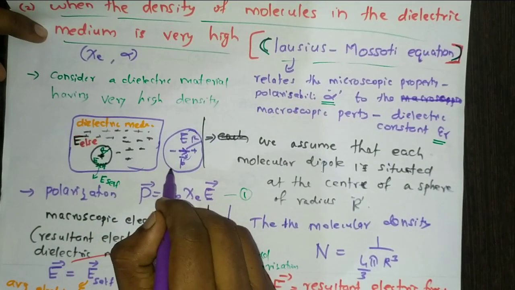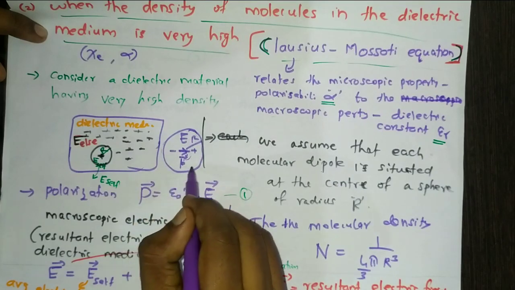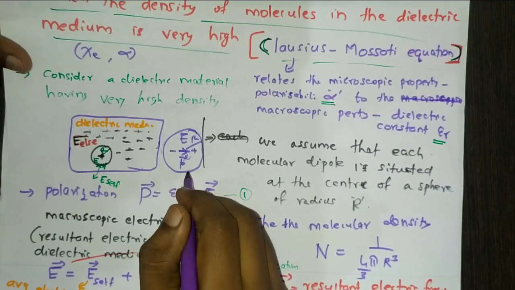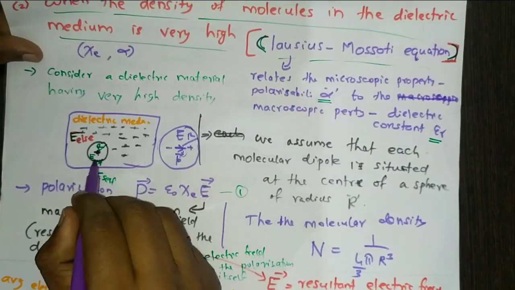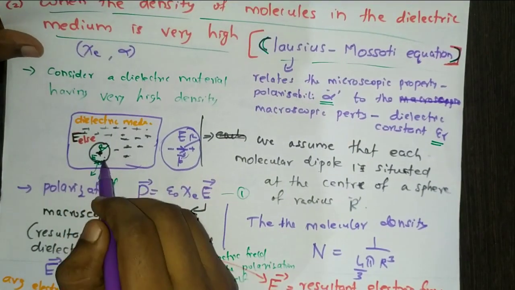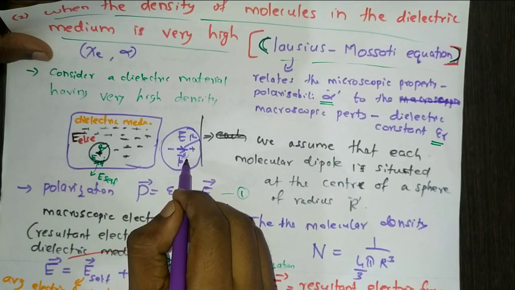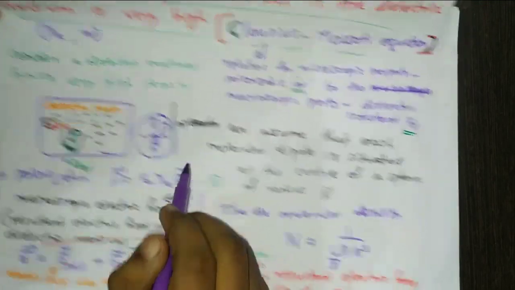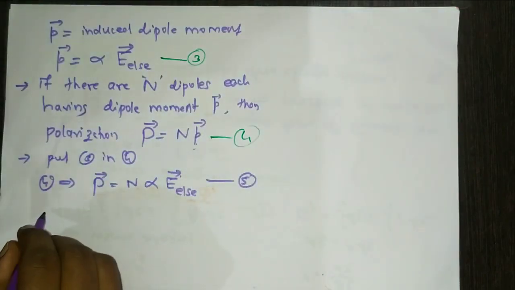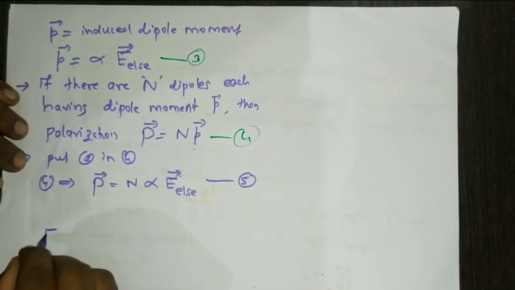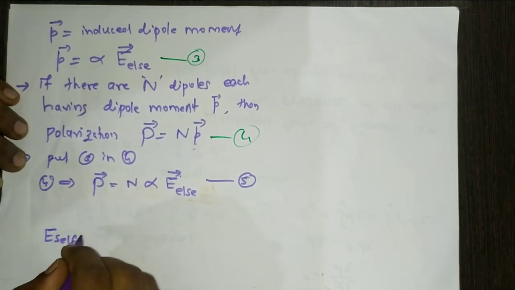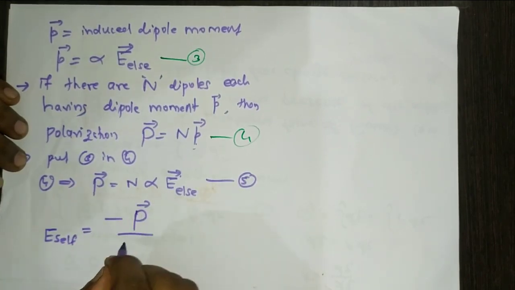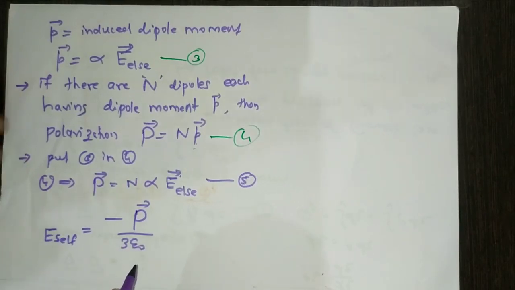Now this is a field due to a polarized sphere. That field is nothing but E self. We have already derived the expression for the field due to the polarized sphere, that is E self equal to minus P divided by 3 epsilon 0.